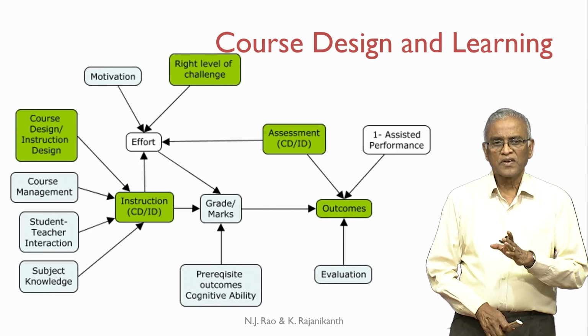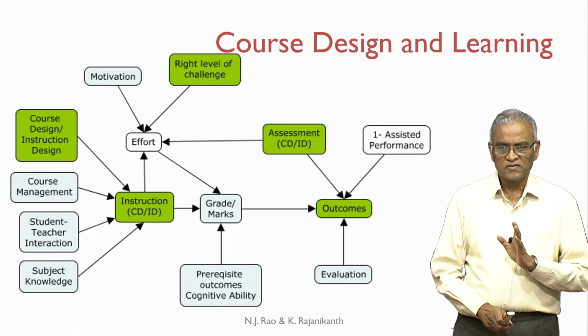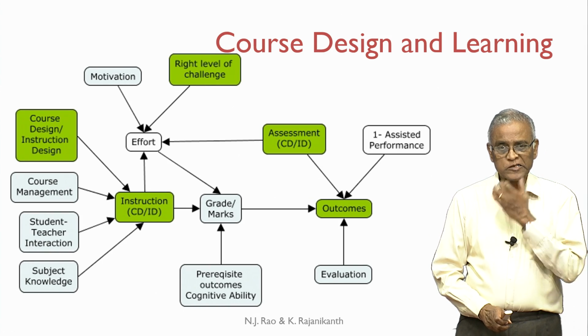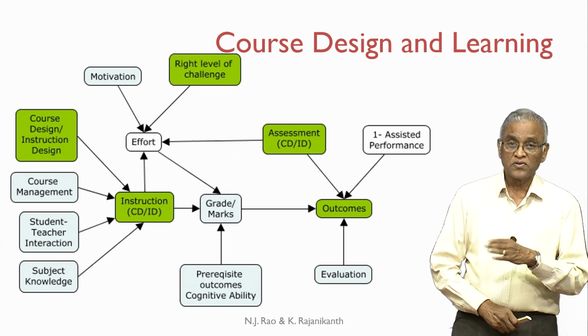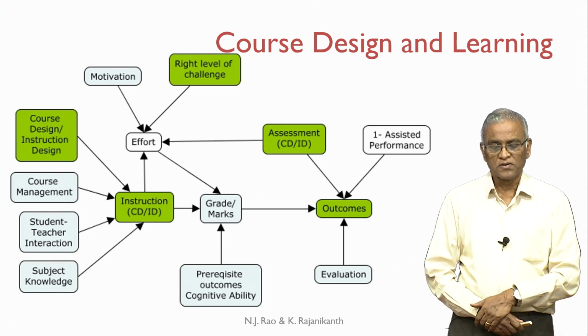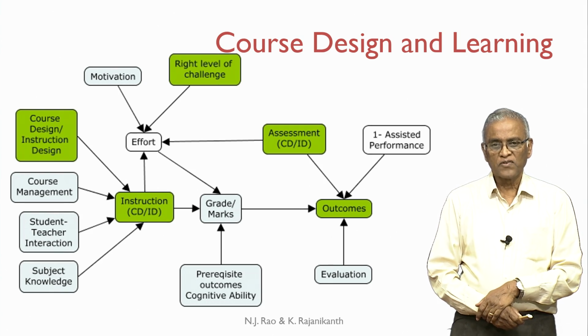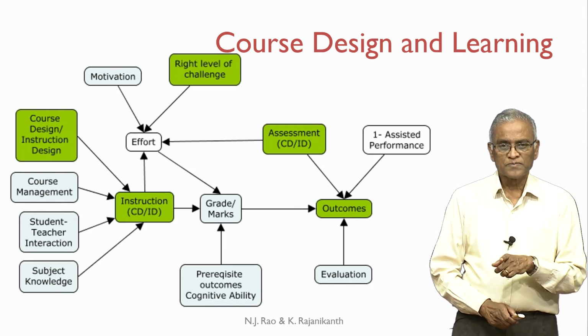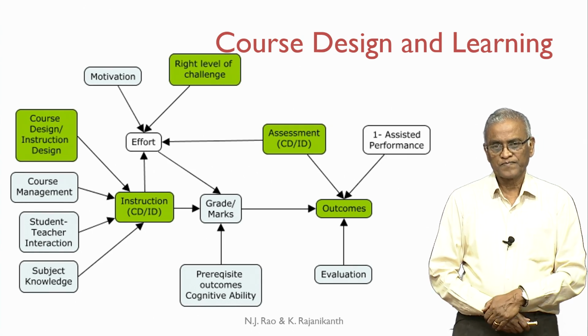Let us say we vaguely denote it as 1 each, which means evaluation is done right and assessment is done at the right level. How to do it right, we will see in the following units. But if these two are done right, then we can consider outcomes to be represented by grades and marks.